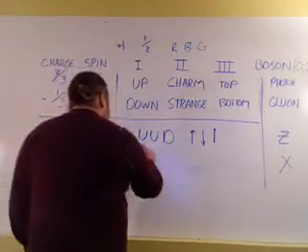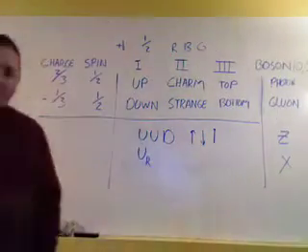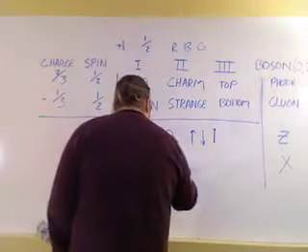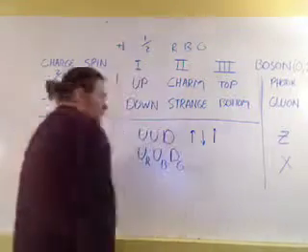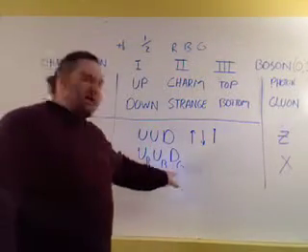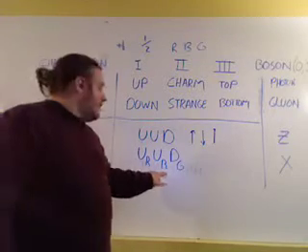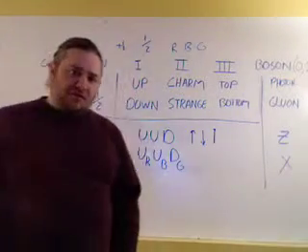So what we do is we say this one is red. It's an up red. This one is an up blue. And this one is a down green. So now I have a red and a green. They have different energy states associated with them. Therefore, I'm not in violation of Pauli's exclusion principle.